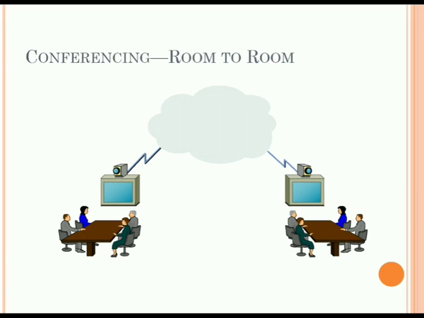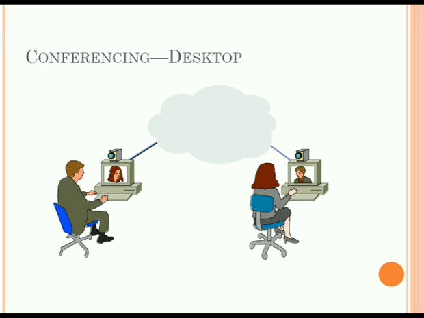For room to room conferencing, we use the video conferencing technique, where the meeting going on is recorded at one place and can be shown at another place. In desktop conferencing, a number of people at one desktop can interact with a number of people at another desktop.